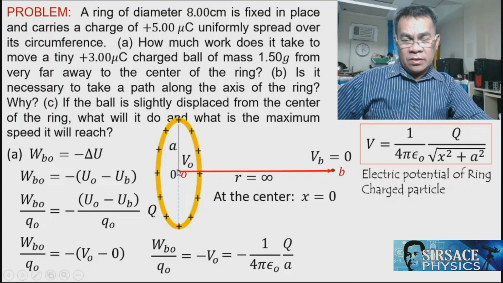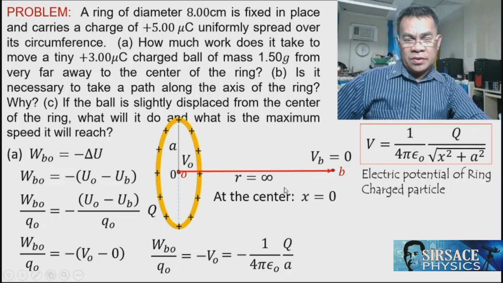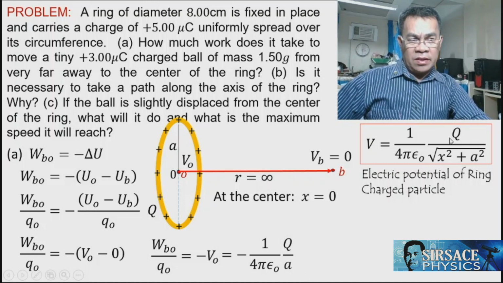Because R at the center is equal to A, since when you substitute x equal to 0, the square root of a squared is simply a. So this one is taken from the formula.